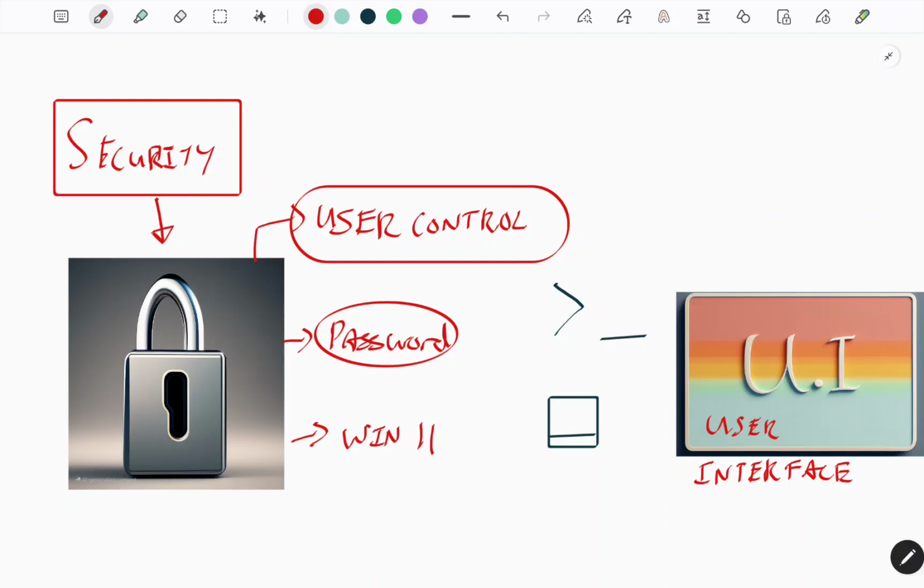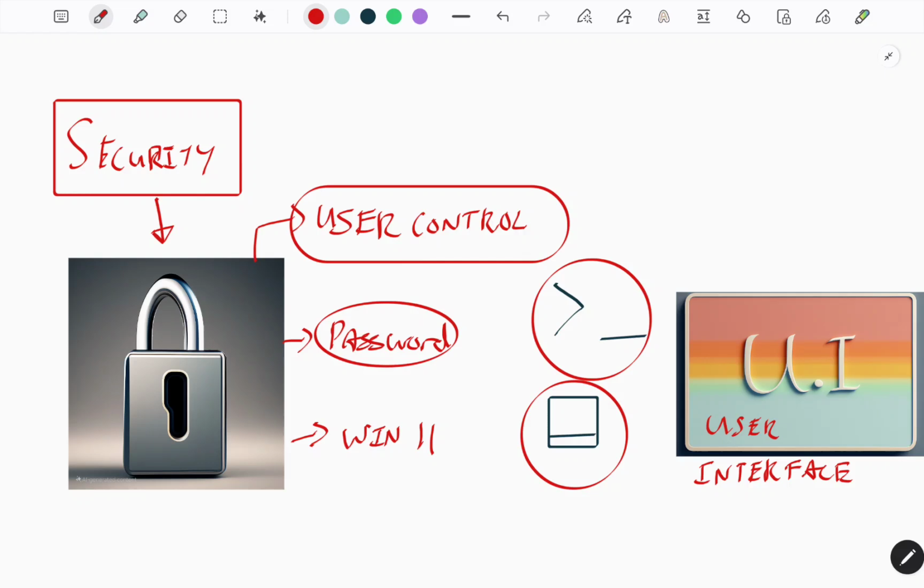There are two types of user interface: one is the command, and one is the graphic.